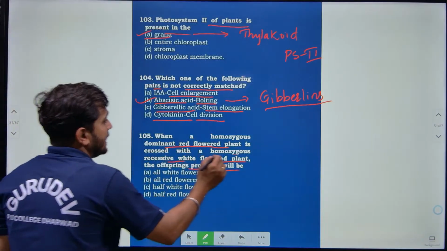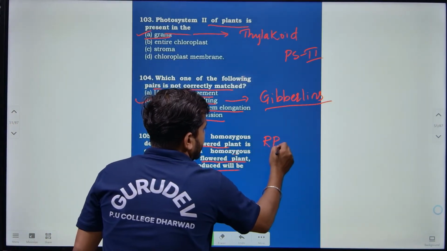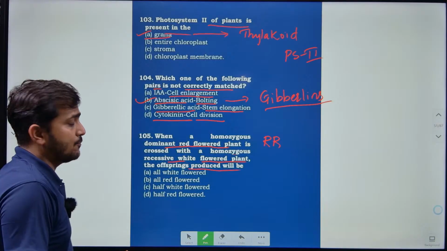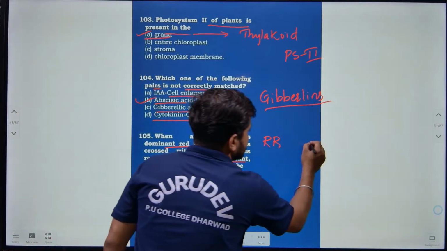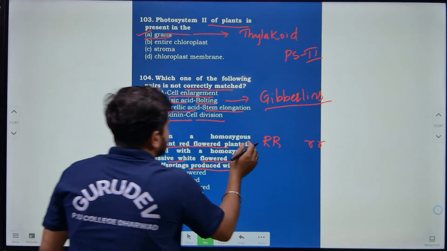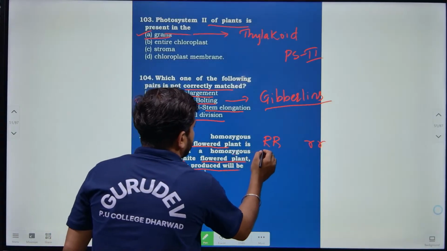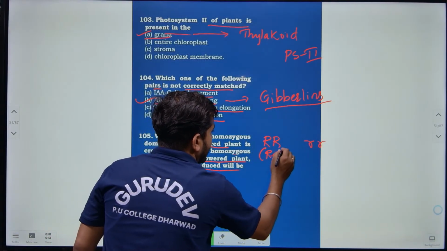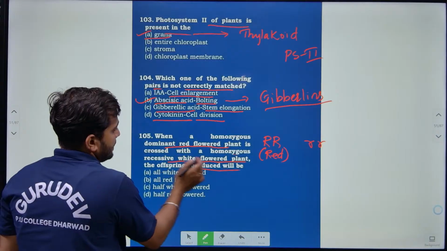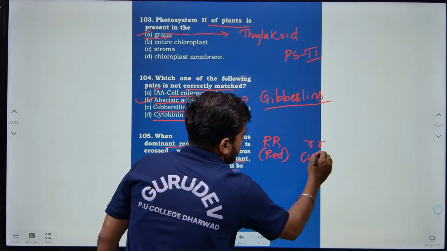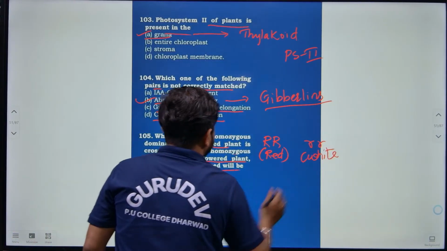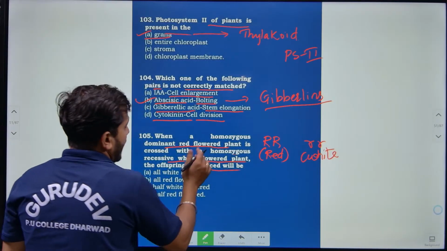So homozygous dominant I represent in the capital form, and homozygous recessive they are saying it is small. So capital R is nothing but red, and small r they are mentioning as white, right?